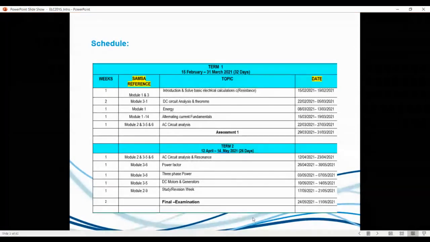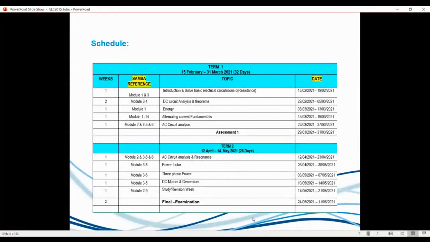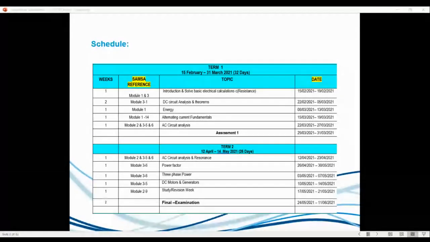We might also look at wiring, cabling, and transformers, two more sections which might not be on here. There are almost eight sections of work to cover, but we'll see how it goes in terms of how we progress.